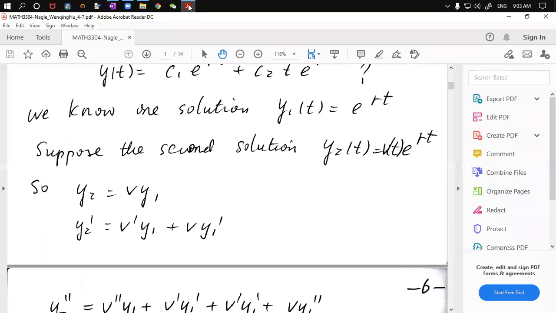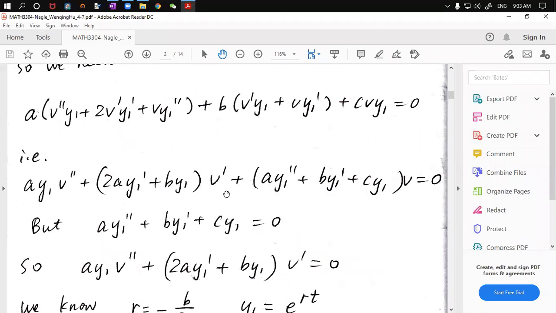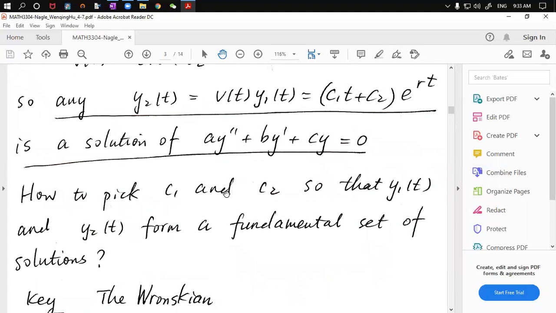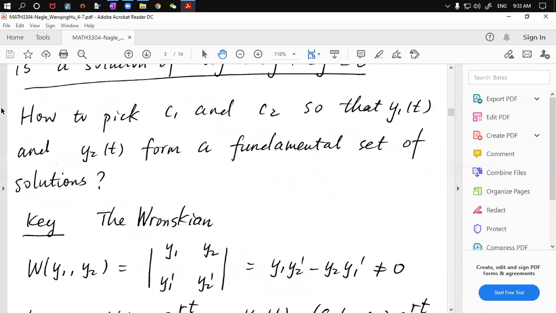So the whole procedure that we introduced here is called the method of reduction of order. It's a very general method. We were applying it to a second order constant coefficient equation, but in general, this is a method of guessing solutions.